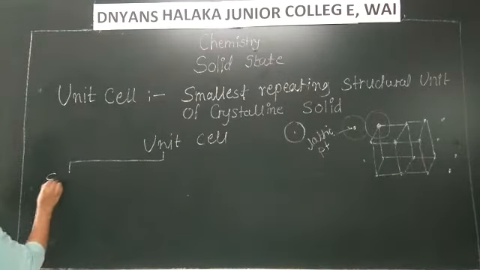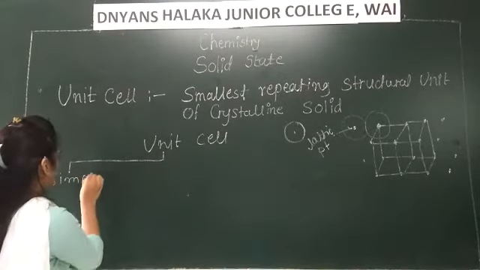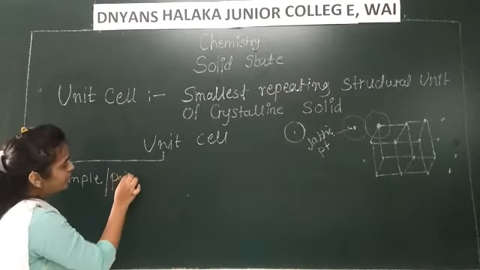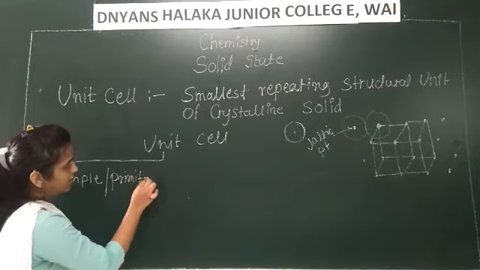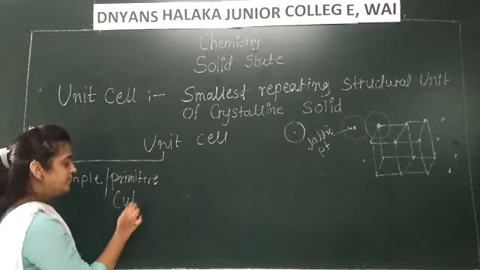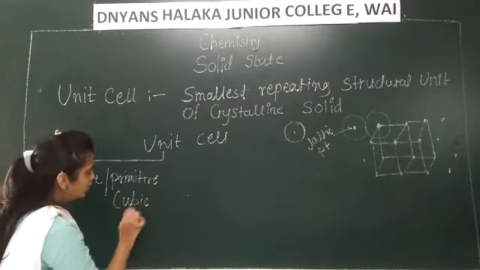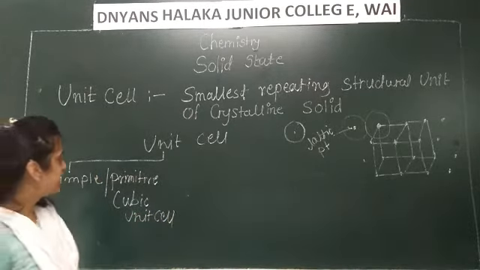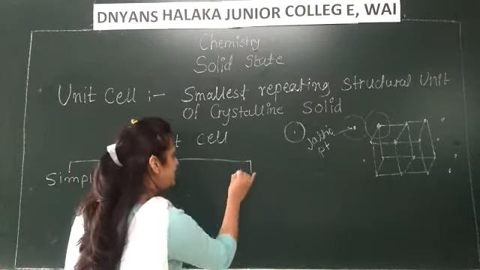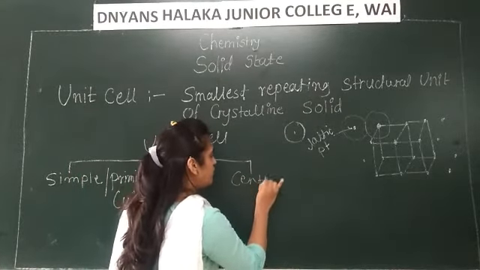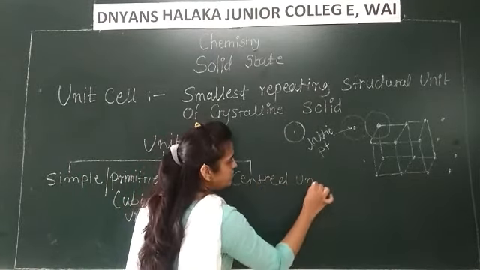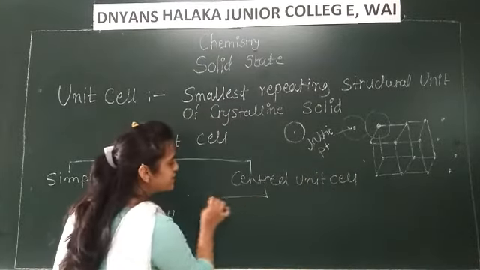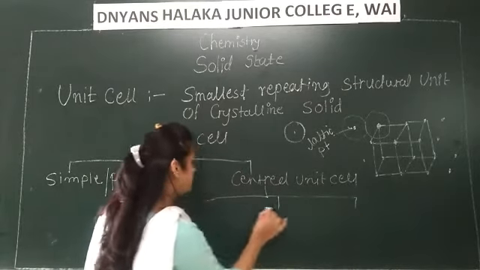So first point, simple. It is also known as primitive cubic cell, cubic unit cell. And second, centered unit cell. This centered unit cell can be divided in three types.